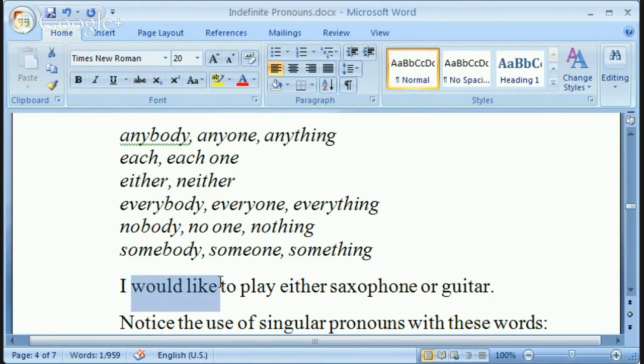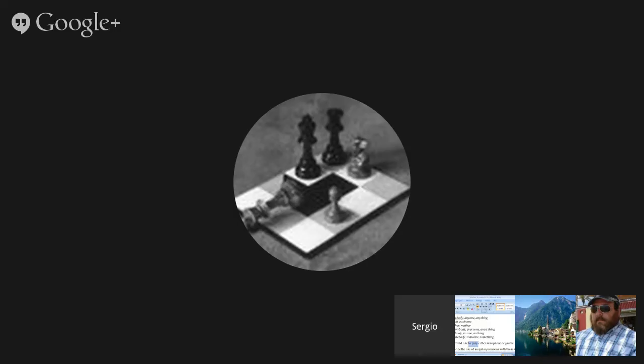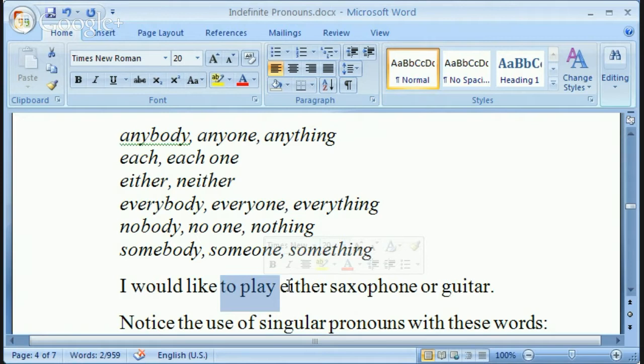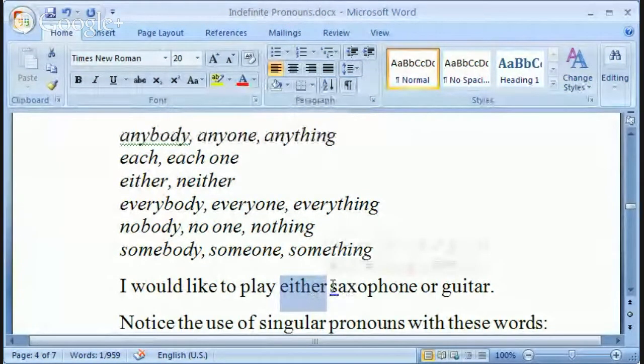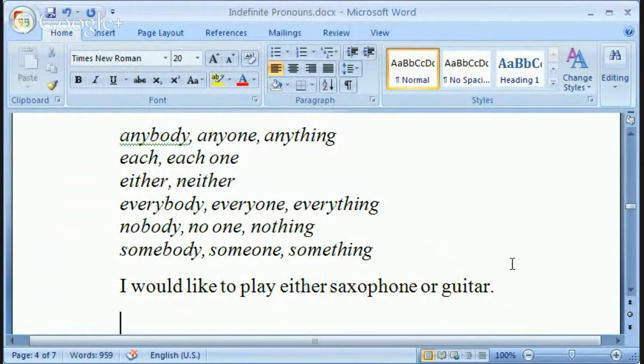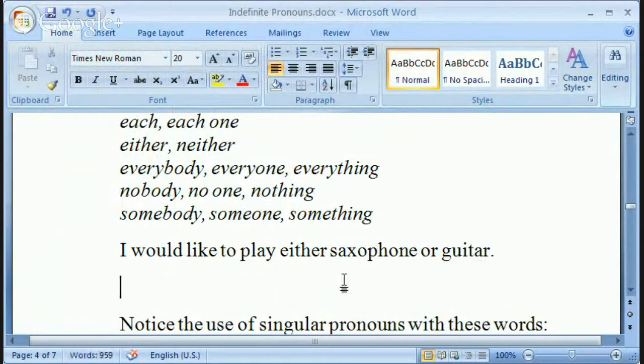I would like to play infinitive. Either here, I don't think is actually being used as an indefinite pronoun. You want to? I would like to play either. Okay.